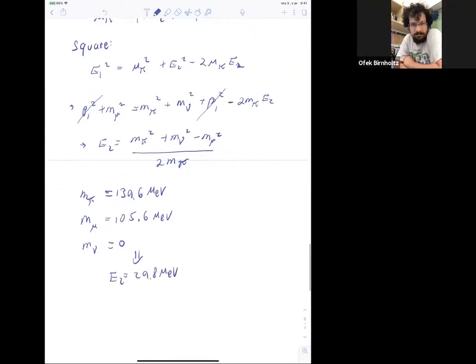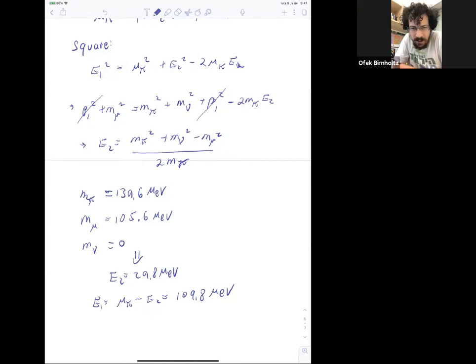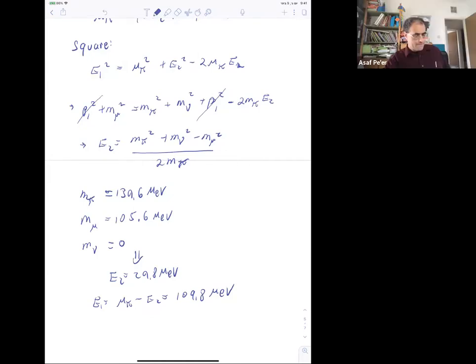And then of course E1 is just m_pion minus E2. So that's 109.8. Not particularly difficult, I think. Unless you get confused, then it can be really difficult. E2 was the energy of the muon? Yeah.